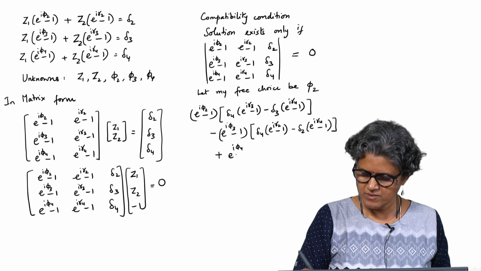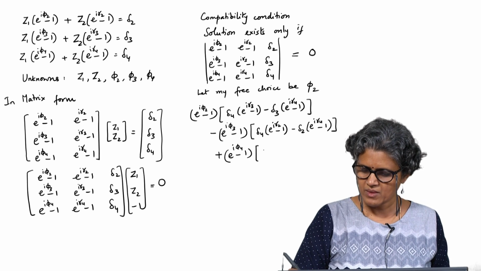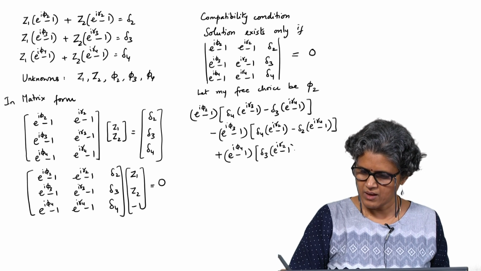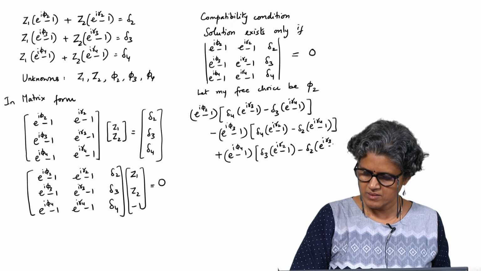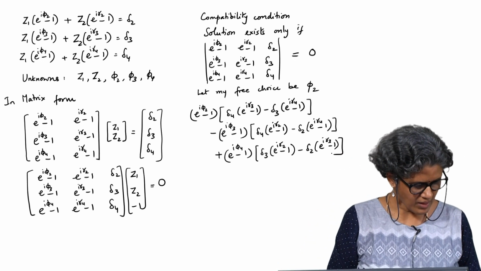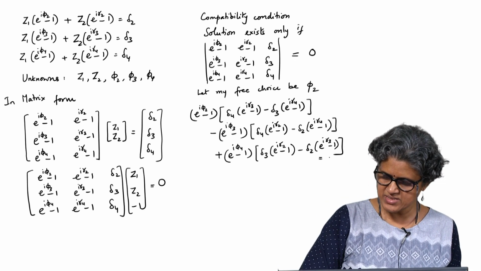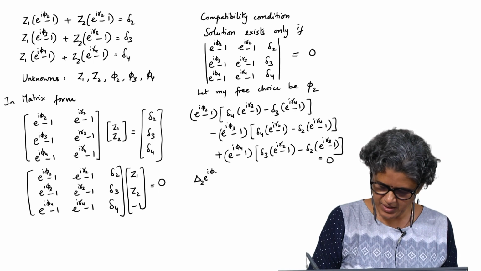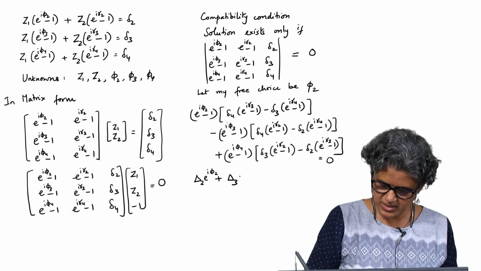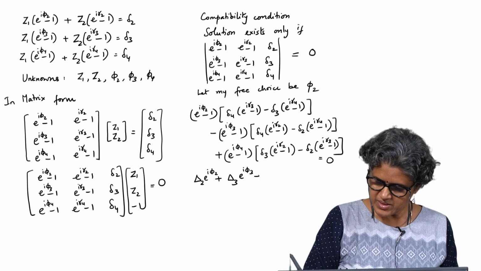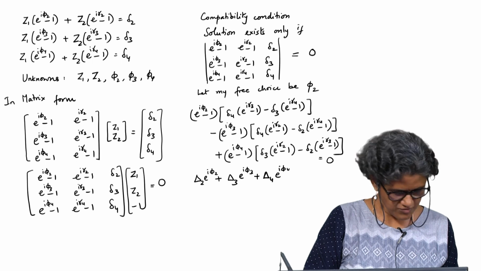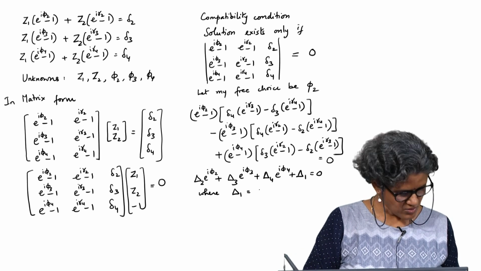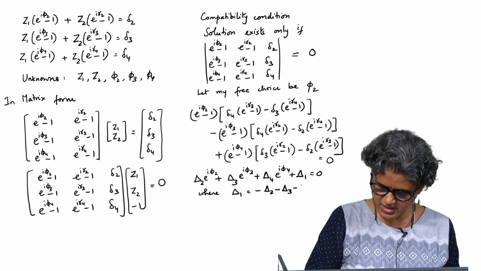Plus e to the power gamma 2. If I expand these and simplify, I get delta 2 e power I phi 2 plus delta 3 e power I phi 3 plus delta 4 e power I phi 4 plus delta 1 equal to 0, where delta 1 is based on the first position, minus delta 2 minus delta 3 minus delta 4.